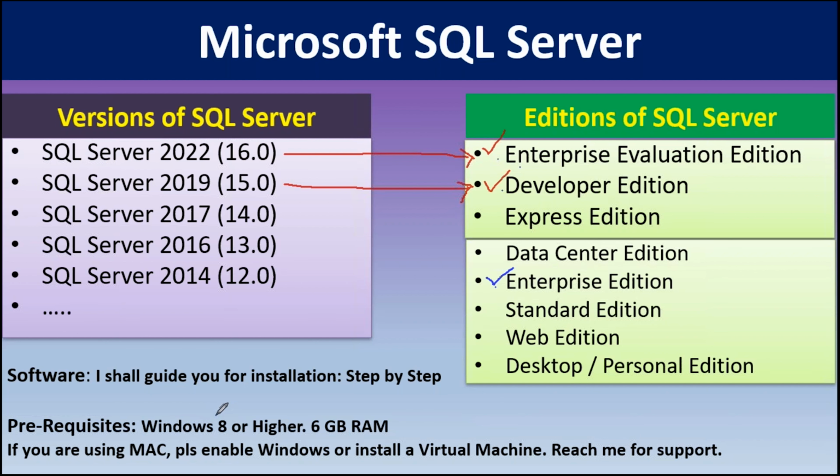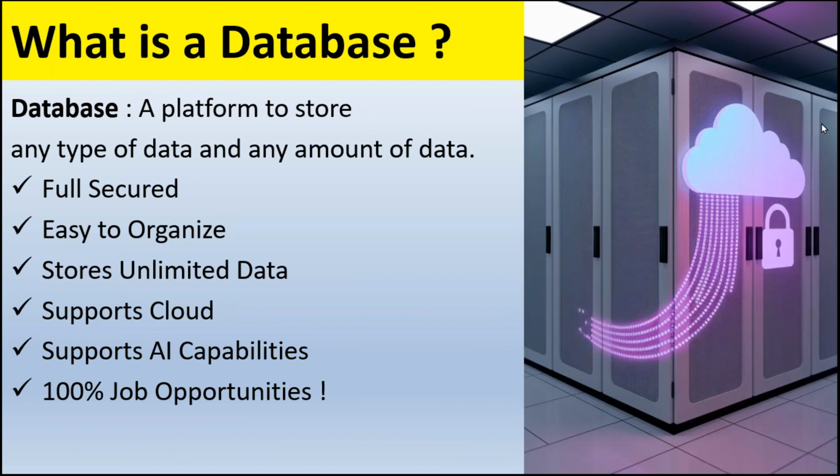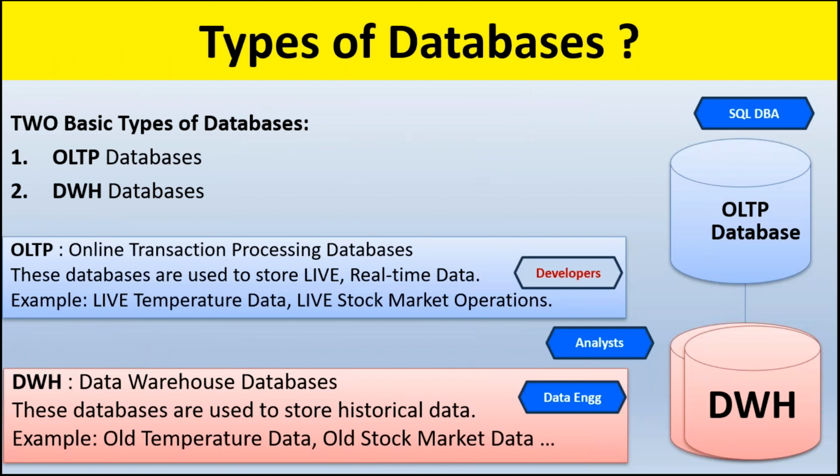Software, I'll take care. Next, I repeat again. So far we got 4 things. I'll provide you all this information to make it clear. Number 1, we learned database. What is a database? A platform to store any type of data, any amount of data, and from there we have types of databases.